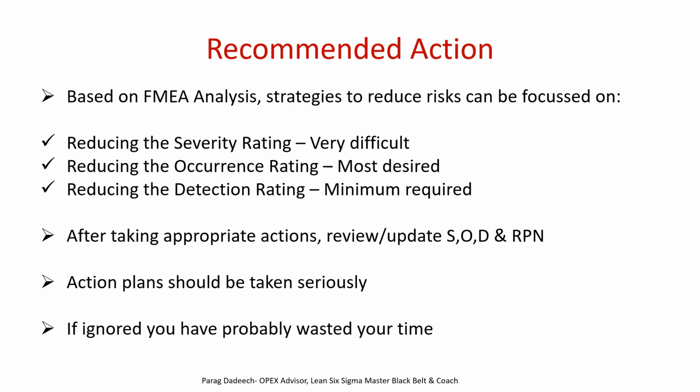It is accomplished by improving process controls in place, could be alarm signals, or sensors. After taking the appropriate actions, you review and update the severity, occurrence, and detection scales and reevaluate the RPN number.